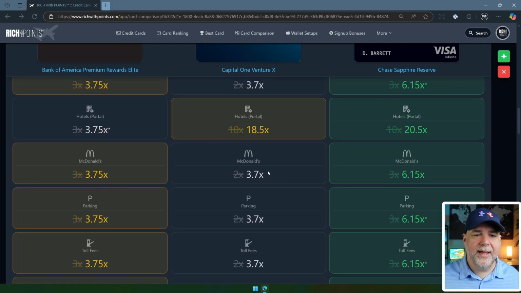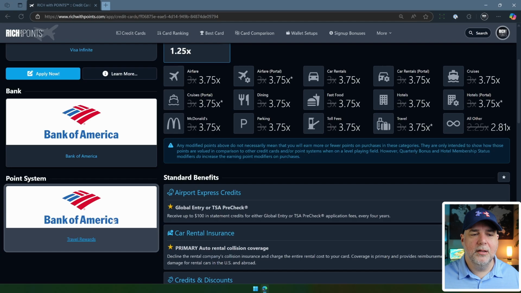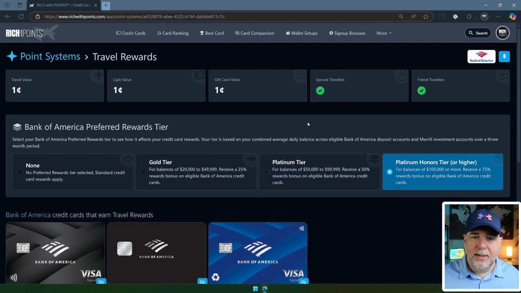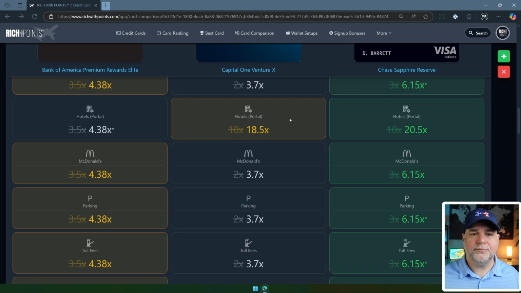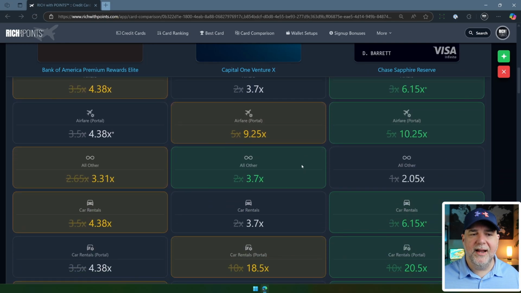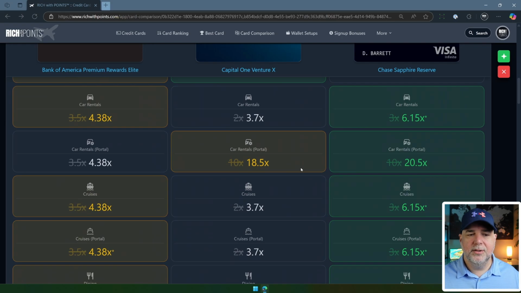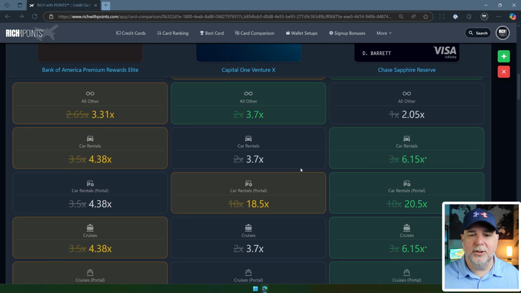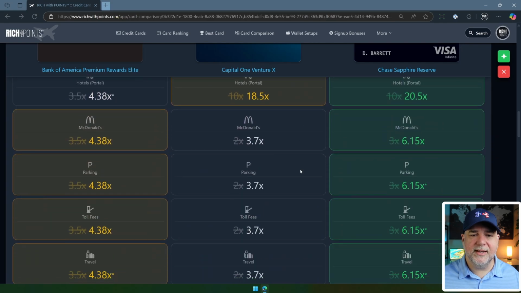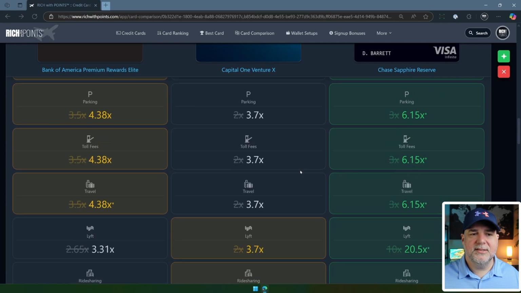So we'll come back over to the tiers, and we'll go to the highest tier, and maybe we can make some headway now. So, nope. Not really. It's a little higher, but you're basically just beating the Venture X by a little bit more, but you're still not coming close to the Reserve. You're just second everywhere.